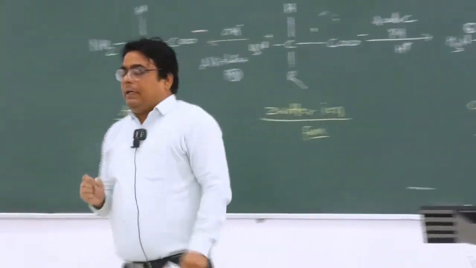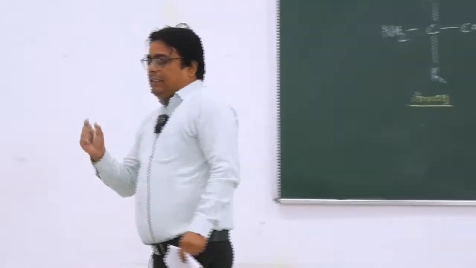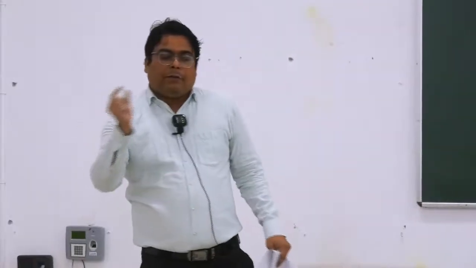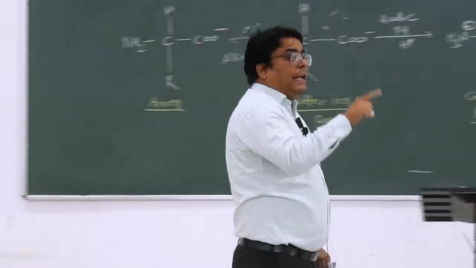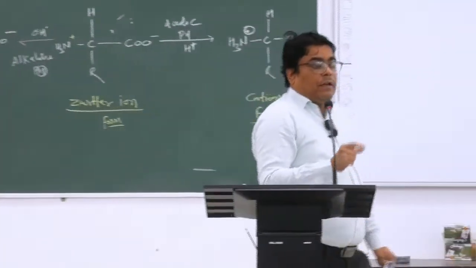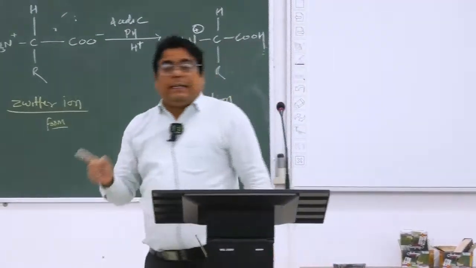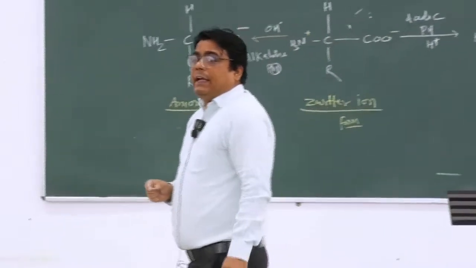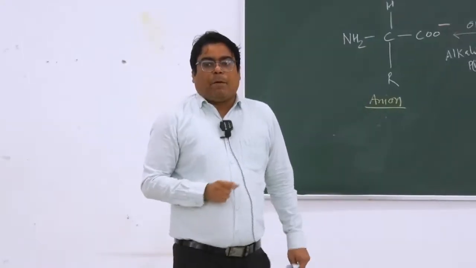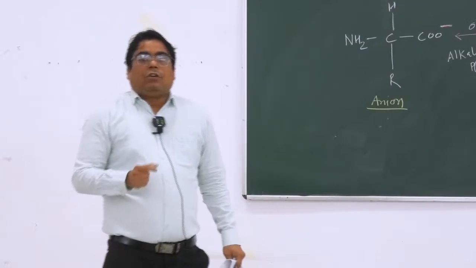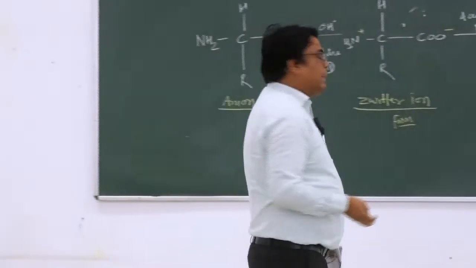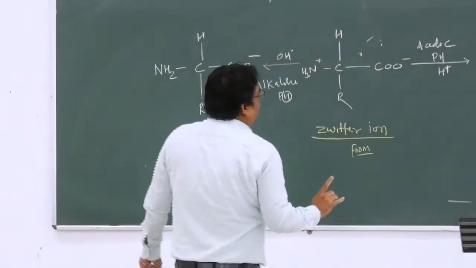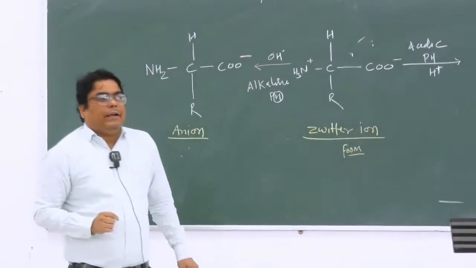What is isoelectric pH? Isoelectric pH is the pH where an amino acid contains both cationic and anionic properties. At a particular pH, it contains both cationic and anionic properties. It is called isoelectric pH. So you understand the properties of this amino acid.